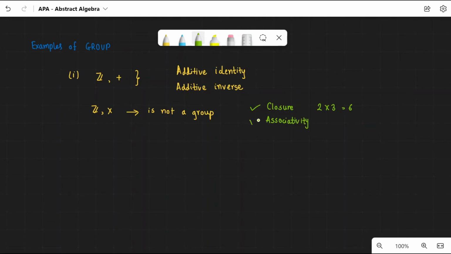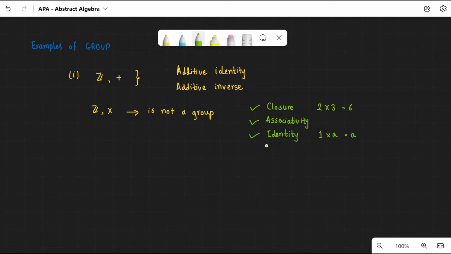It is also satisfied. You can check by multiplying any three integers. Then again there exists a multiplicative identity. If we multiply any integer by 1, then we get back the same integer. So nice, identity is also satisfied.